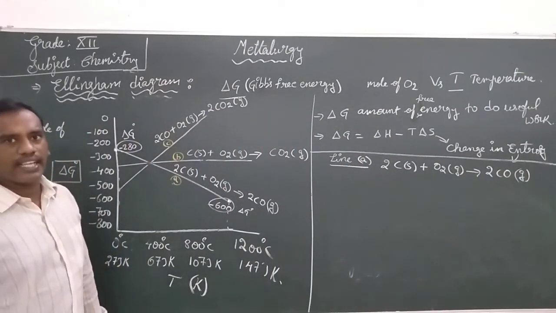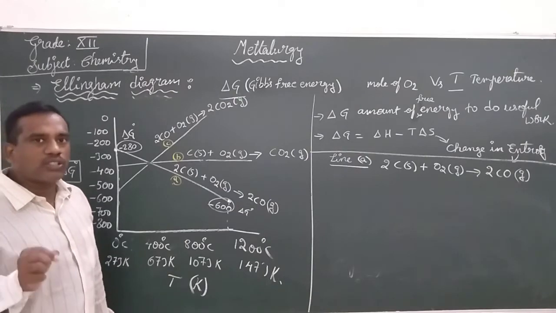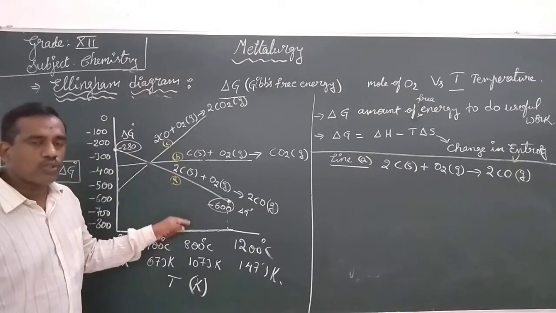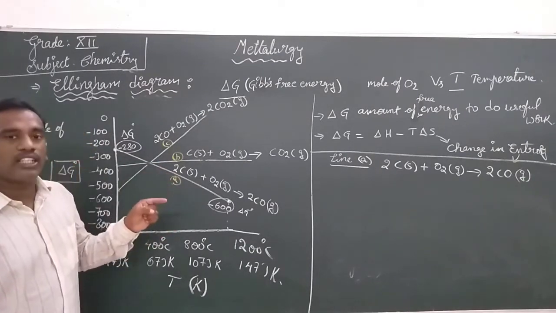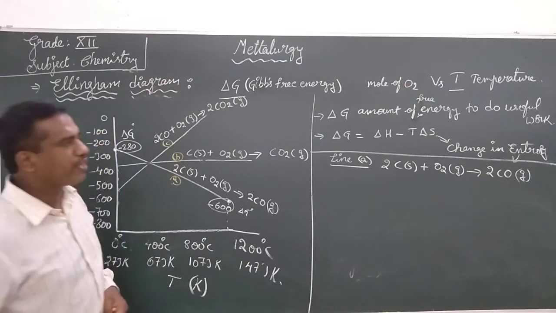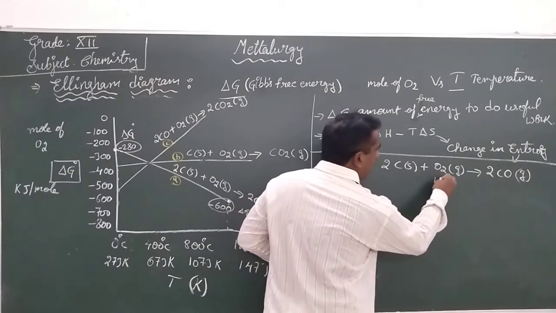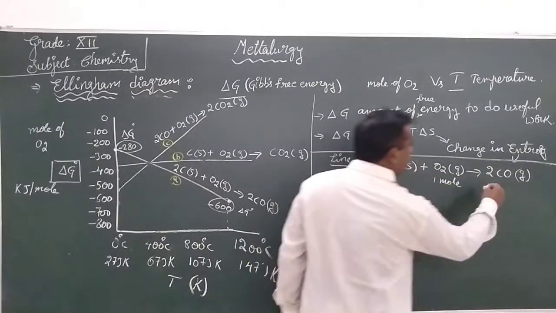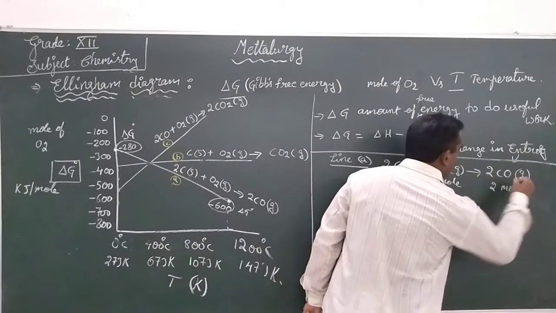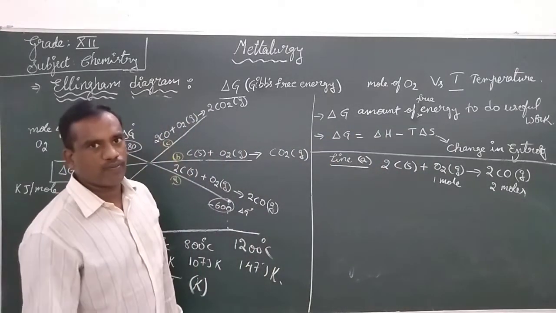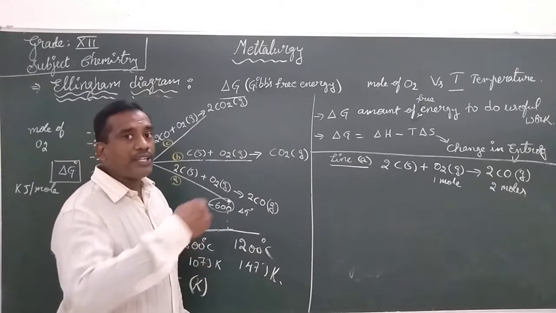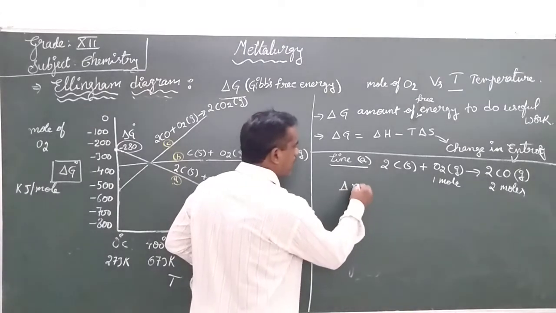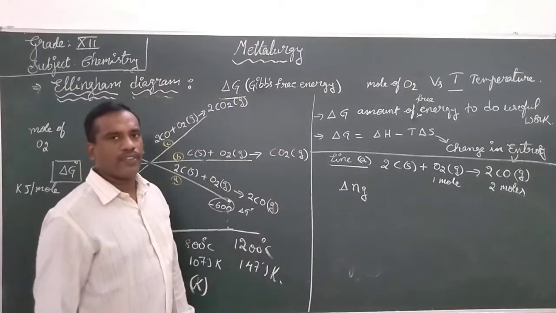Our task is to study 1 mole of gaseous substance, and on the product side we had 2 moles of gaseous substances. In order to continue this point, we want the key point from thermodynamics, that is delta Ng.